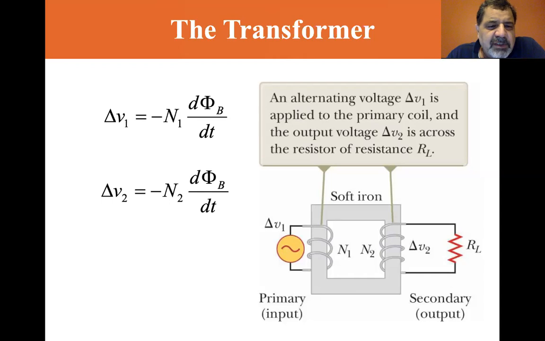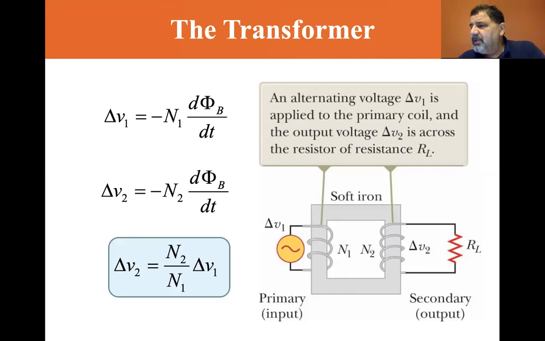So delta V2 is equal to minus N2 d phi dt of the secondary side. It's the same flux, and it's got the load resistor on the other end, so delta V2 is equal to N2 divided by N1 times delta V1.